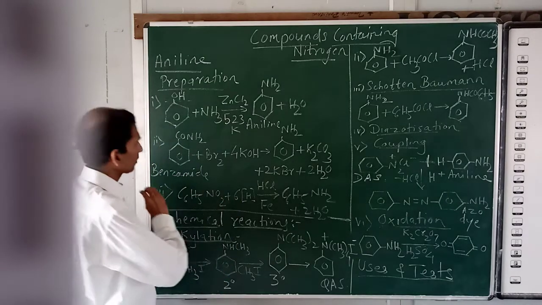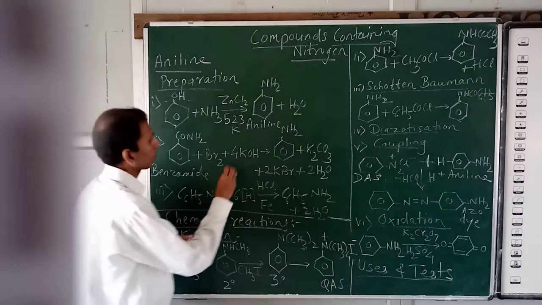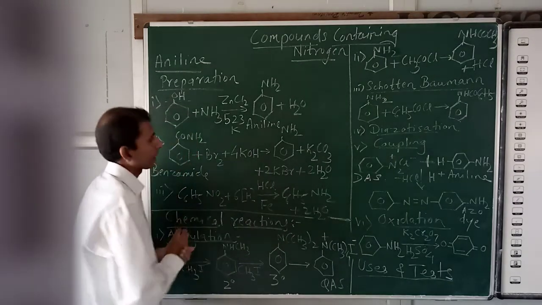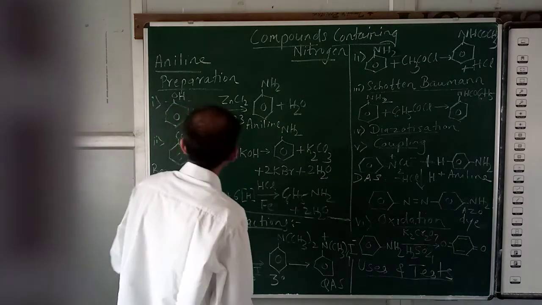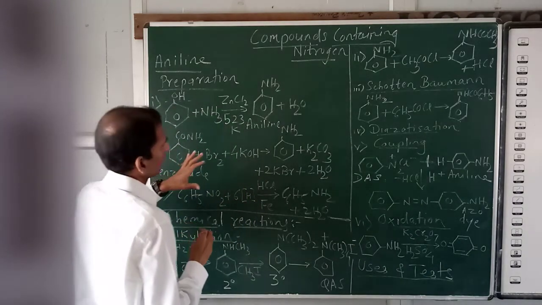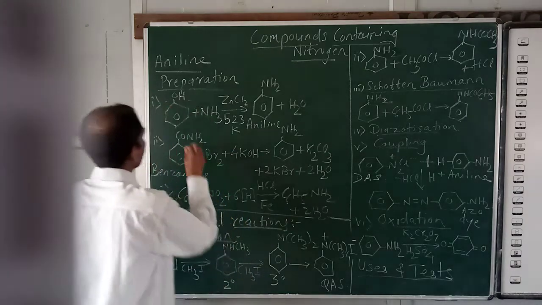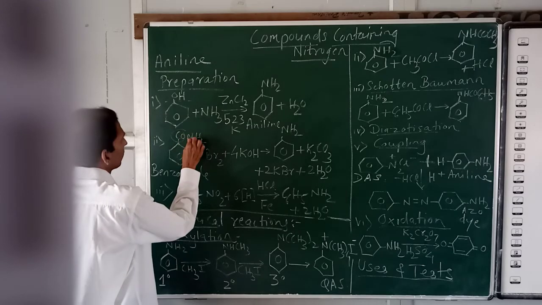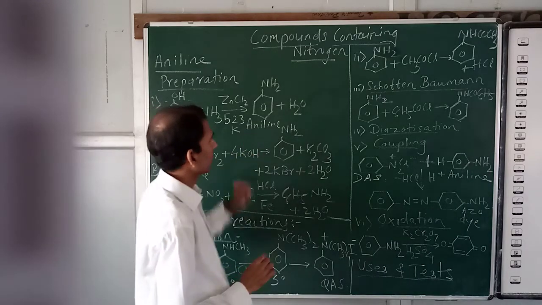You treat this particular compound with bromine in presence of an alkali, that is potassium hydroxide, 4KOH. Okay, so here you will get aniline. CO is lost from here, the NH2 group gets attached to the carbon atom and you get aniline.